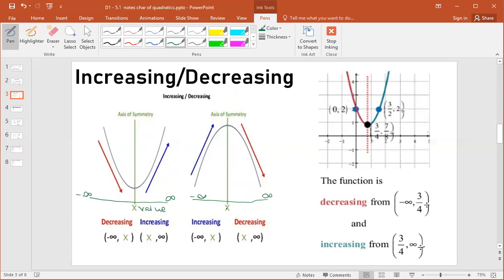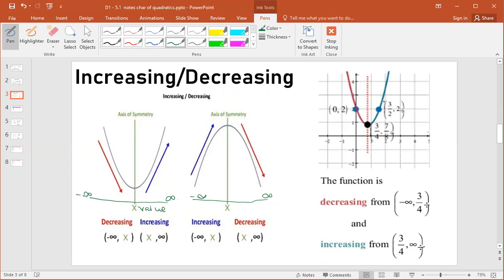We're looking for the x value. How far on the x-axis did it go? Then it's going to turn and come down. So this is our decreasing section from this x value to positive infinity. This is the section of the graph that decreases. So this is all about your x values here.